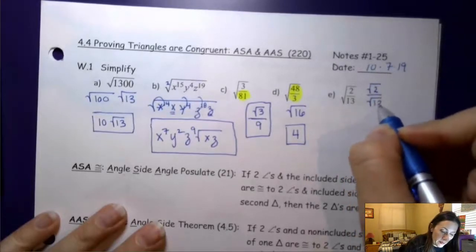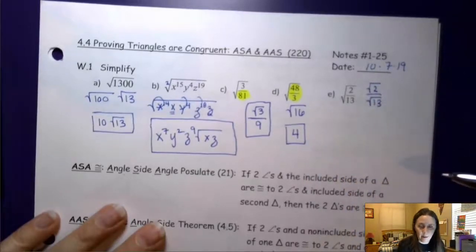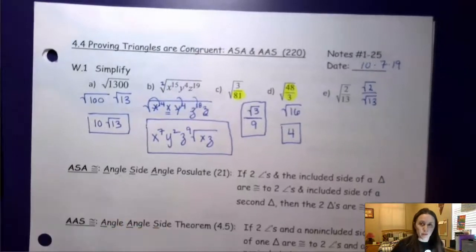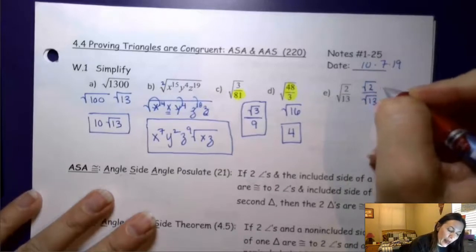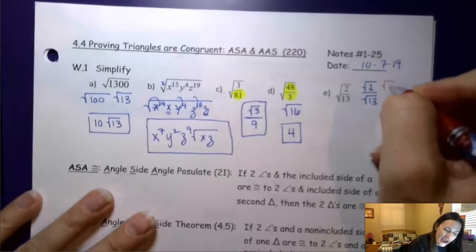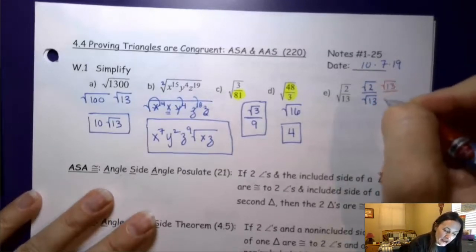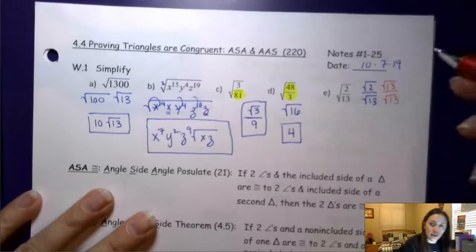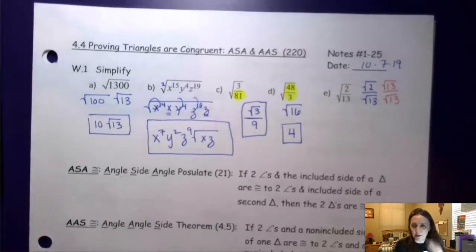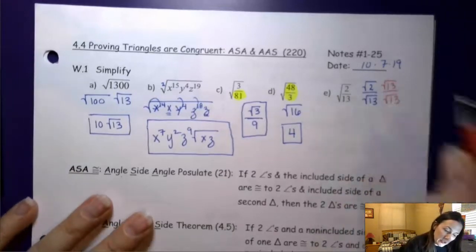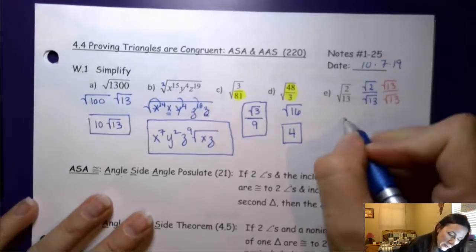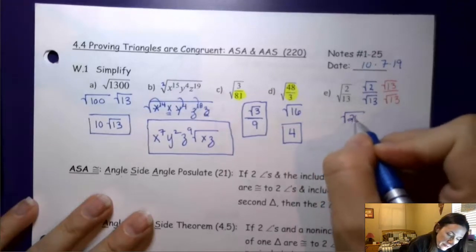Now the problem here is that we can't have a radical in the denominator. So what we have to do is rationalize the denominator. We rationalize by multiplying square root of 13 over square root of 13. Square root of 13 over square root of 13 is 1, so I'm not really changing the number, I'm just changing how it looks. So 2 times 13, I get square root of 26.